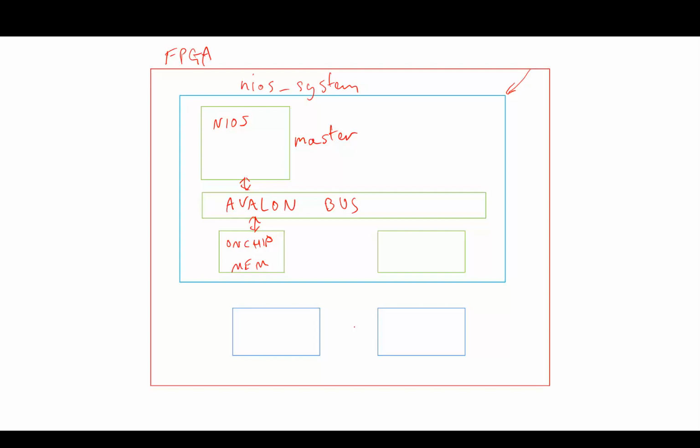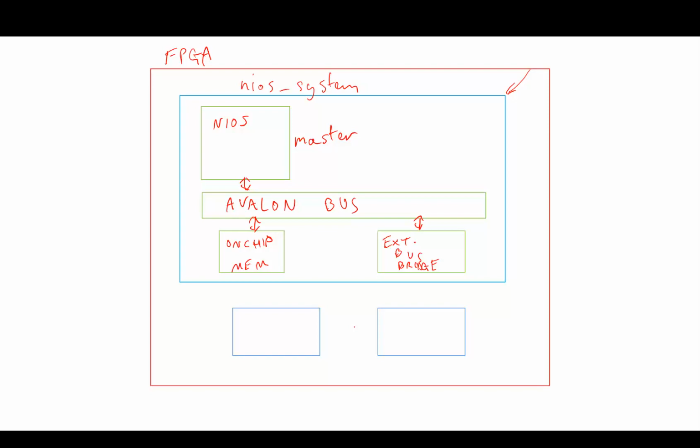The other slave device that we have is the external bus bridge, and what this is doing is allowing a connection from the Avalon bus externally from the Neos system.